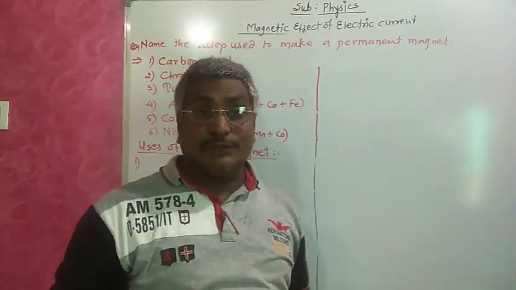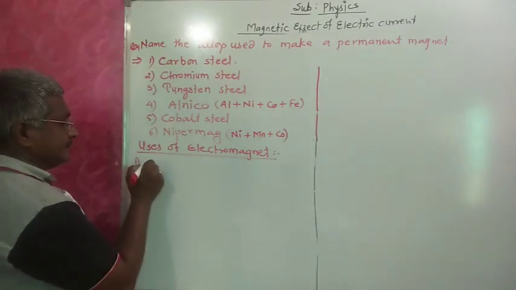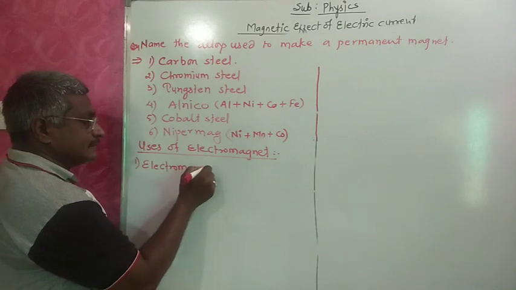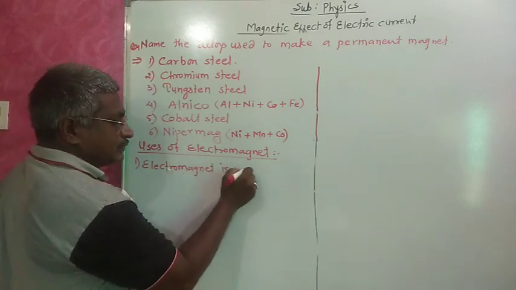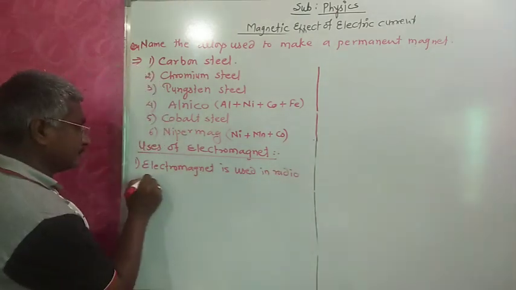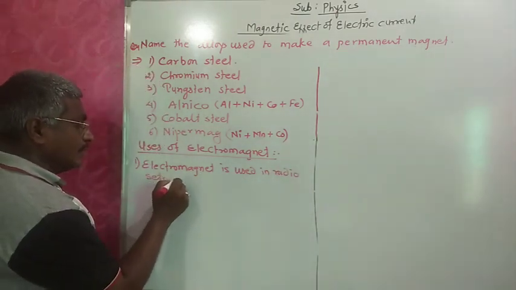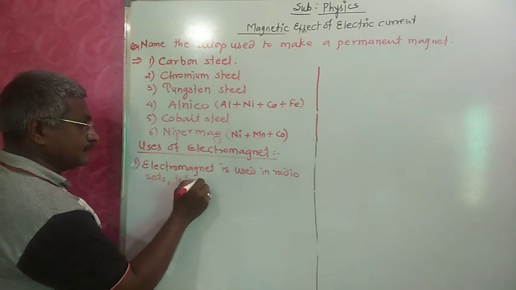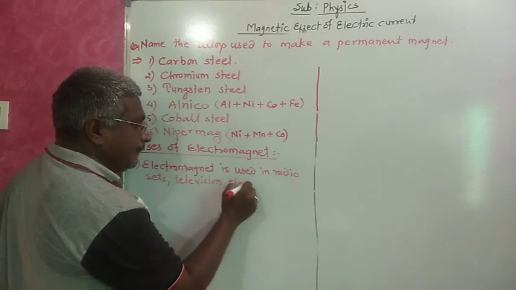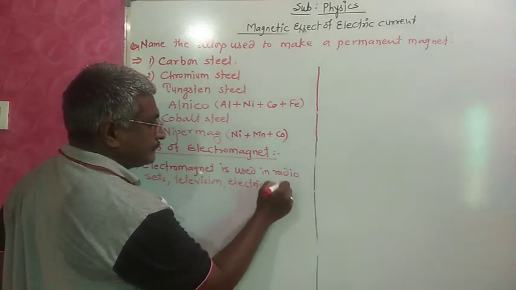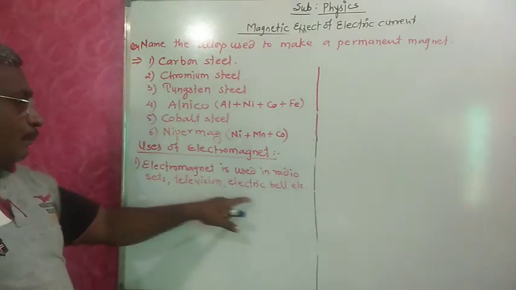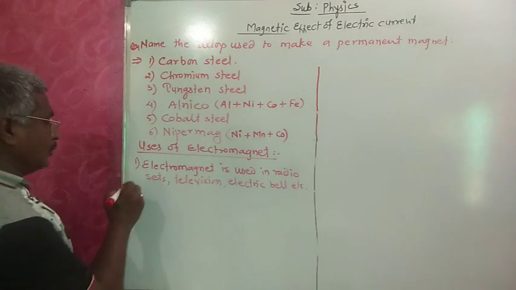In that we are using electromagnet. Electromagnet is used in radio sets, television, electric bell, etc. In these components we are using the electromagnet.